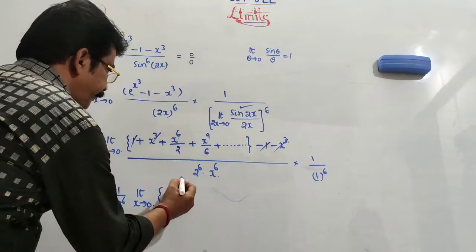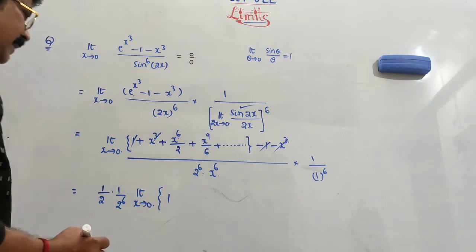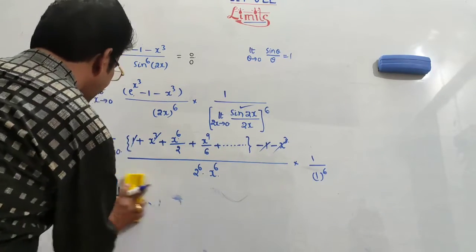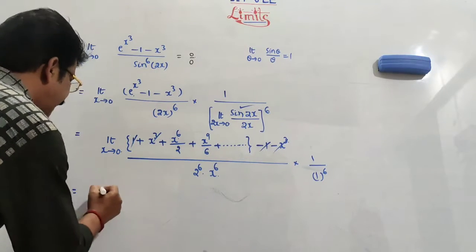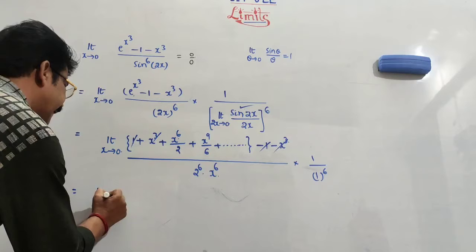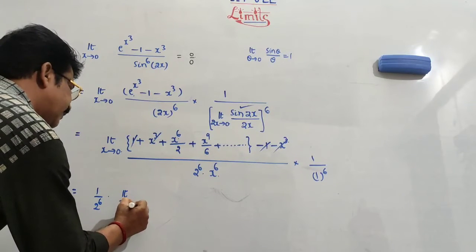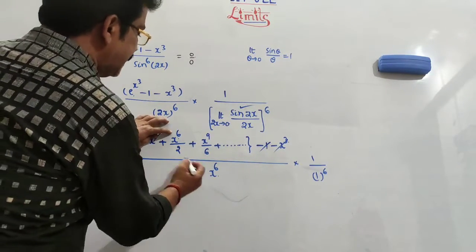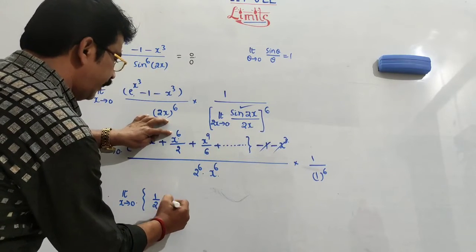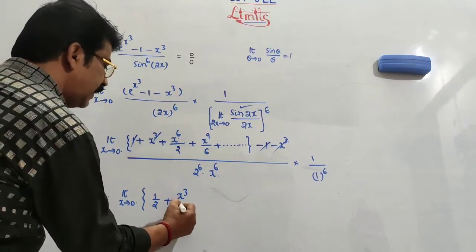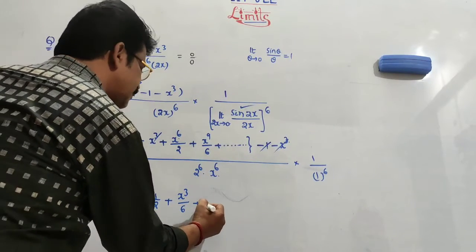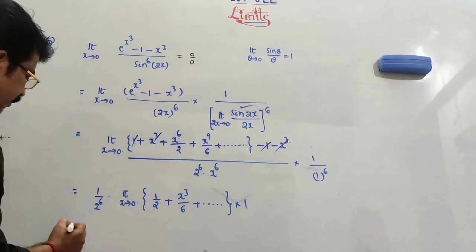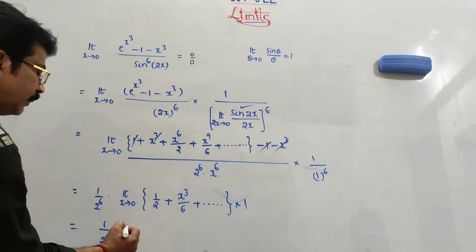The x power 6 cancels, leaving 1 by 2 plus x cubed by 6 plus and so on, into this value 1, and limit x tends to 0, which is 1 by 2 power 6.